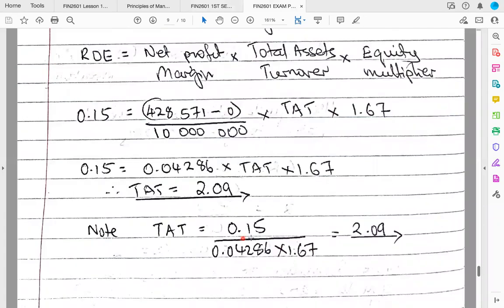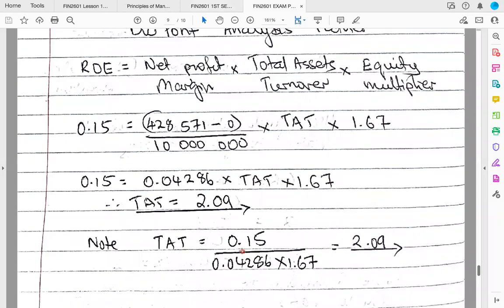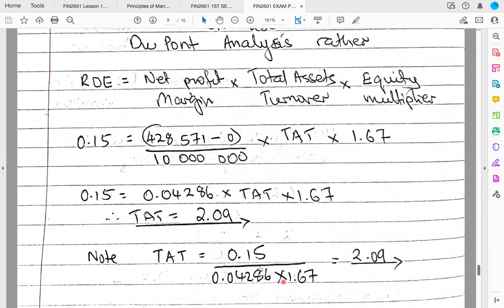And then we can simply say our return on equity divided by the product of the net profit margin and the equity multiplier. Then we get 2.09. The slight difference there might be due to rounding off, but that's the approach.